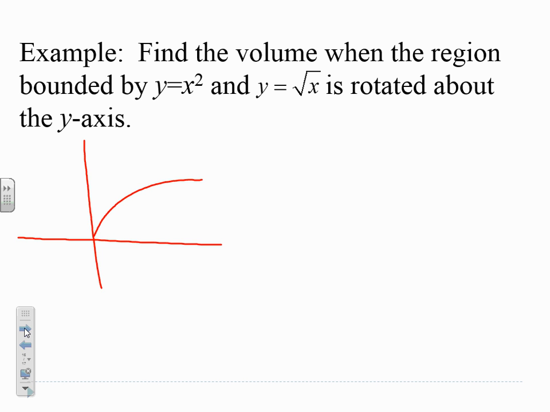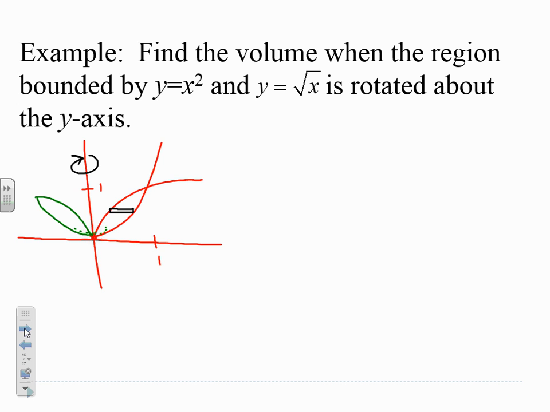Where are those going to intersect? 1, 1. This probably keeps going, but it doesn't matter. So there is our region. We're going to draw horizontal rectangles so that when we rotate it about the y-axis, we are going to get washers.